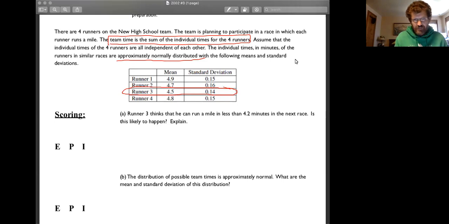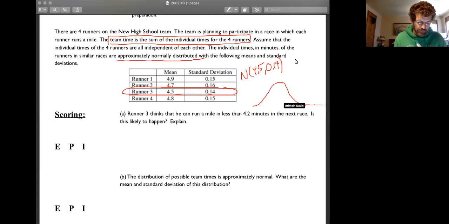And here is maybe the key thing, and I'm going to keep coming back to this over and over again today: when you've got a normal model, in this case 4.5 and 0.14, you're going to want to draw a diagram for that. And the diagram, of course, is just going to be a normal model.